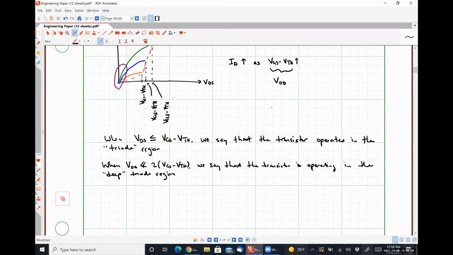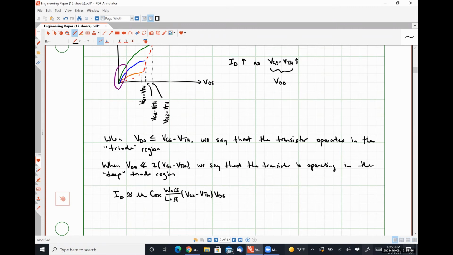And so we can simplify our drain current expression to be mu n Cox W effective over L effective times VGS minus VTH times VDS, right?